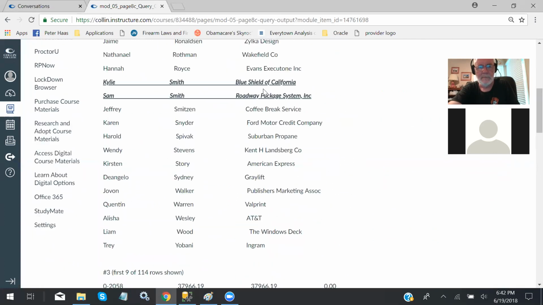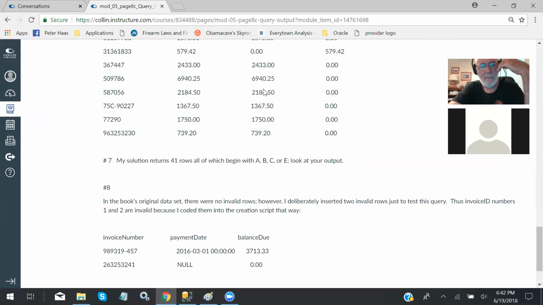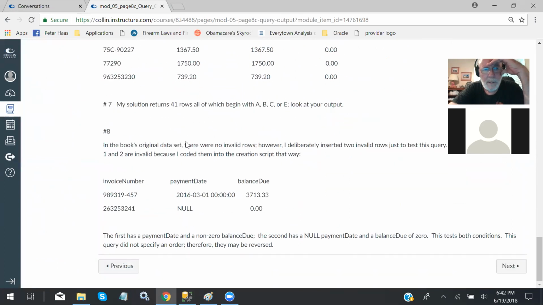And number 8, you got 2, I got none, because you said you put in those 2 records in your database, and the books had no invalid rows, therefore I coded them into the creation script this way. Okay, number 8, I didn't get any records.